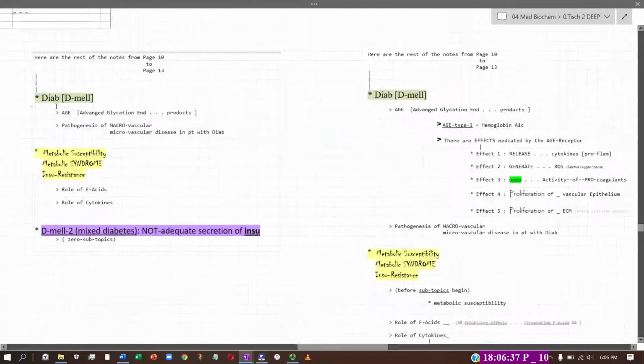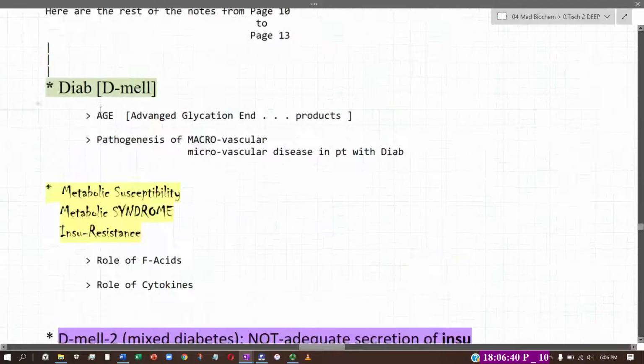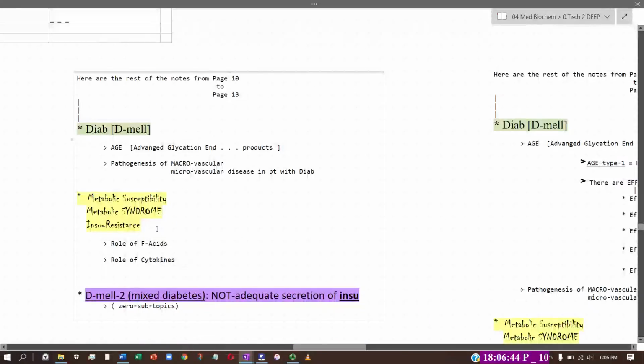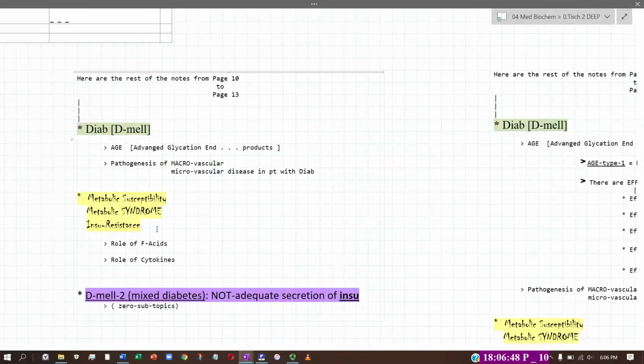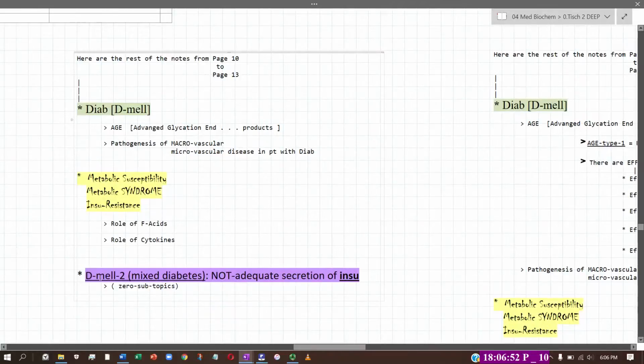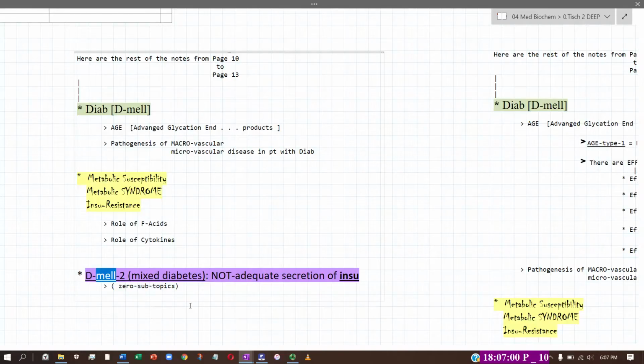You have just a topic named diabetes mellitus, and then you have this other topic which addresses three things: metabolic susceptibility, metabolic syndrome, and insulin resistance. And then you have this topic, diabetes mellitus, where the diabetes is considered mixed, and the focus of that section is the inadequate secretion of insulin.